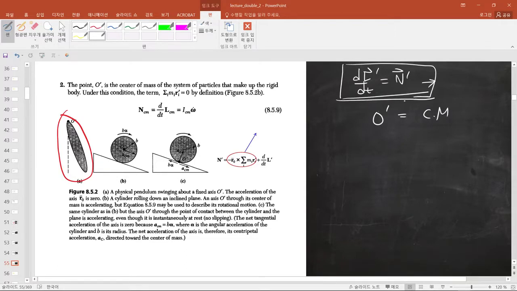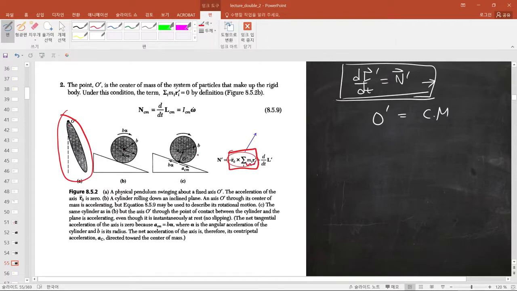No problem, even if the center of mass is accelerating or rotating or doing whatever. So this term vanishes for this one, where r0 double dot is equal to 0. In this case, O prime is at the center of mass, so this term is 0.